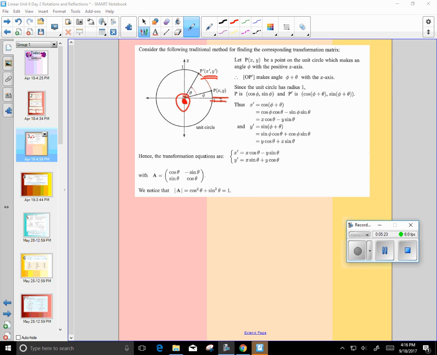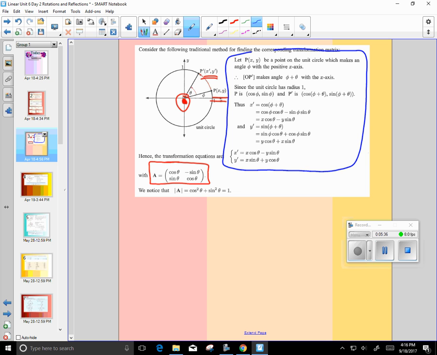And oftentimes they'll give you an angle to move off of, and so therefore you'll be able to figure that out. Now I want to direct your attention to the formula that's all proven here. I think you can follow it pretty well. You can see what they did for x', y', and how they took the coefficients, cosine theta, minus sine theta, and sine theta, cosine theta off of the transformed equation to get this A.